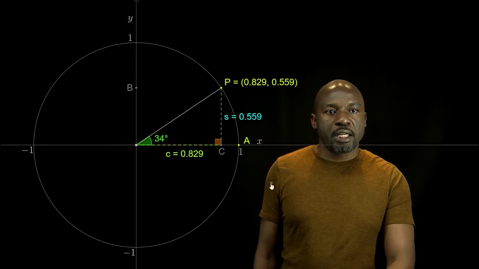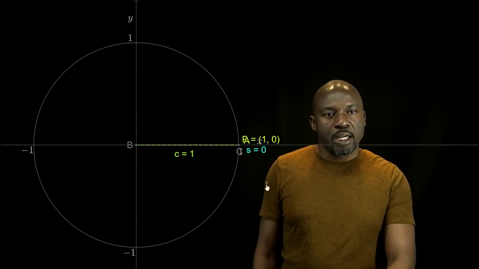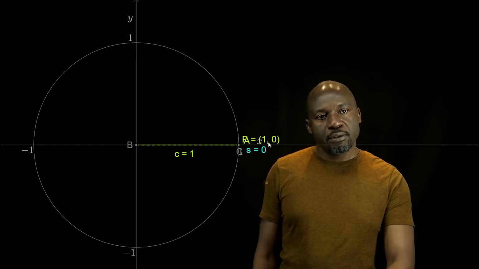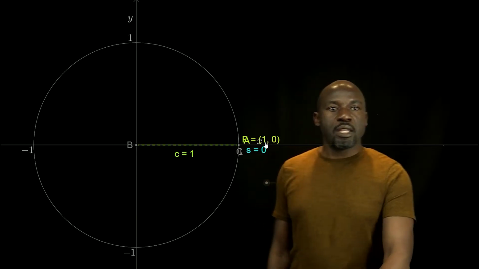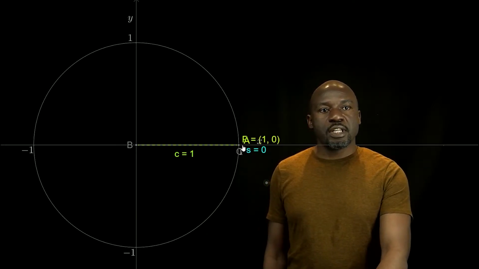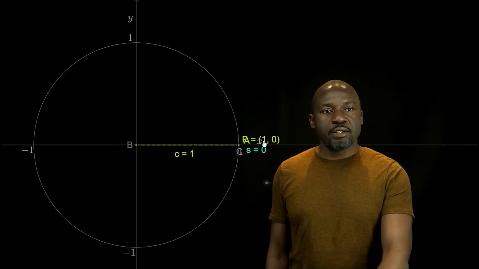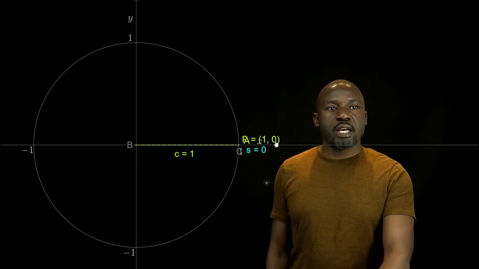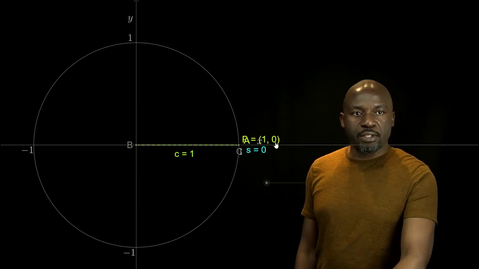So we can see that as we start from 0, at that point the sine of the angle is 0, so that sine there is 0, the cosine is 1. So when the angle is 0, the cosine is 1. So cosine of angle of 0 is 1. The sine of angle of 0 is 0.